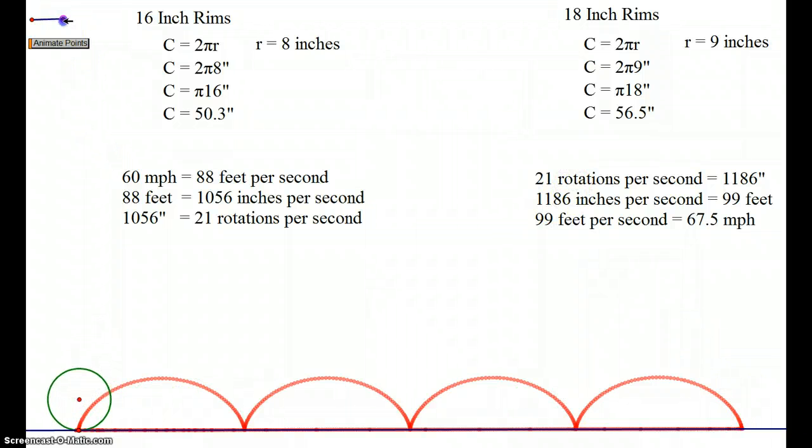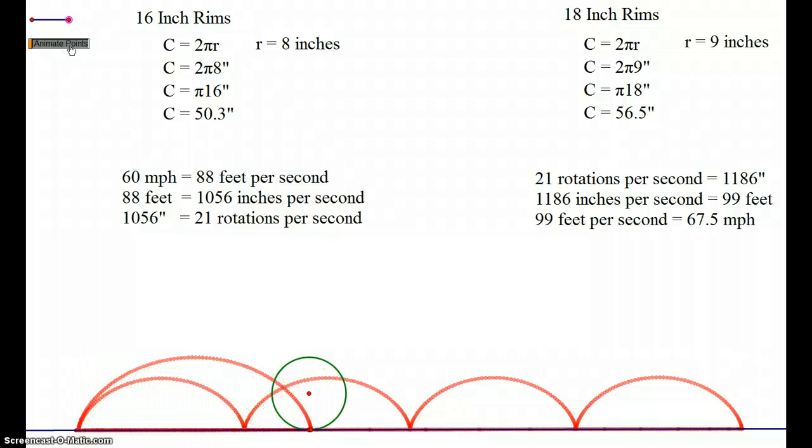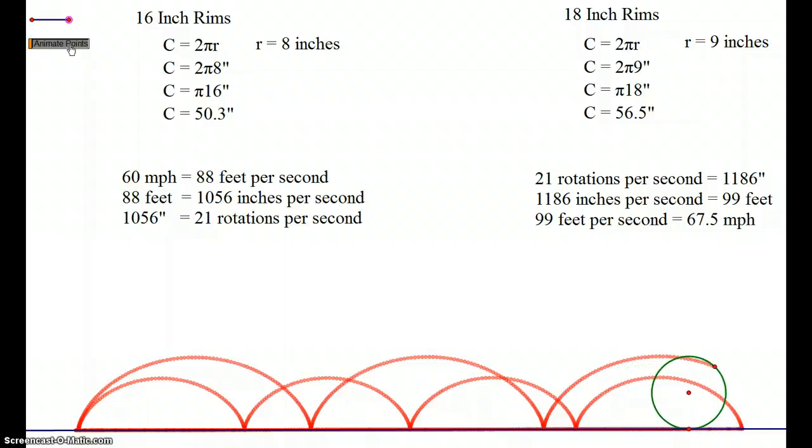If we make our wheel bigger and want the same number of rotations, let's just stick with 3. So in 3 rotations, 1, 2, and 3, with the bigger tire we went a farther distance than with the smaller tire. So we can assume it's going to be the same for the 18-inch rims.